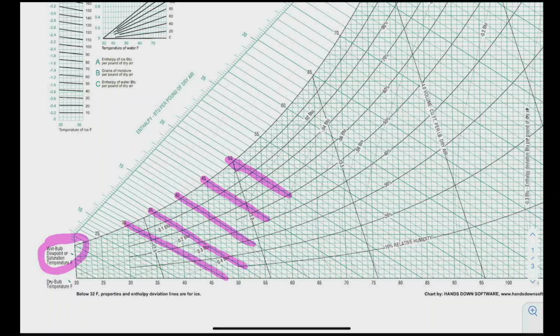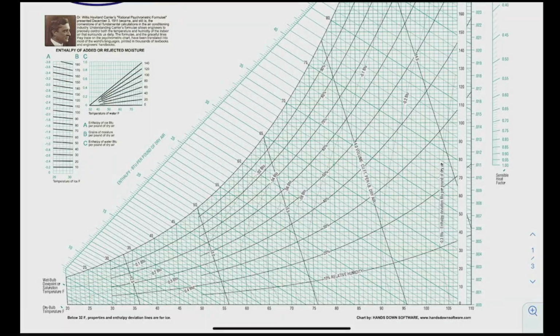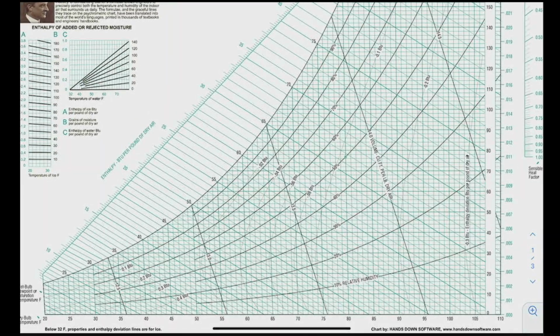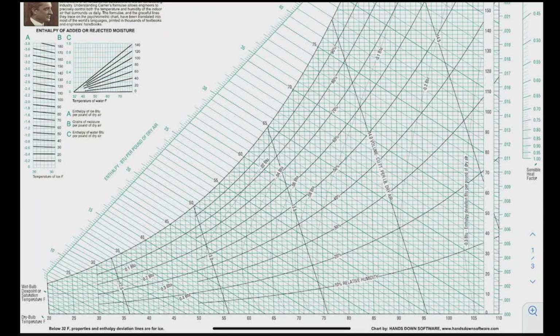And from a sling psychrometer, you can also calculate your relative humidity. Relative humidity lines are also here on your psychrometric chart, and they are measured in percentages. For instance, this curved line here represents a constant 10% relative humidity.